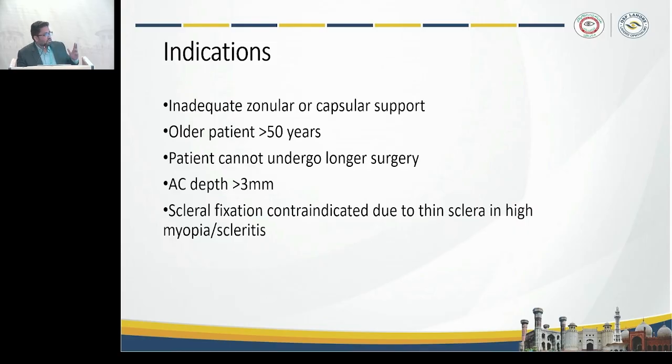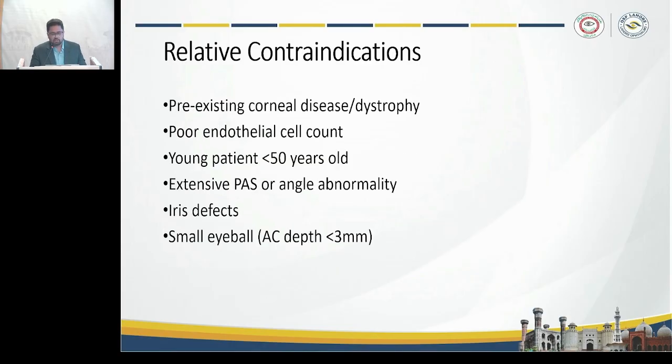This is a shorter procedure, so any patient who cannot undergo a longer surgery, maybe a heart patient, maybe a respiratory illness patient, we can go for anterior chamber IOL in that case. Another rare indication would be contraindication to scleral fixation, like in case of very thin sclera or in high myopia or any case of scleritis.